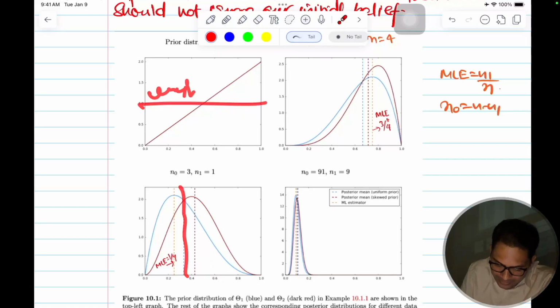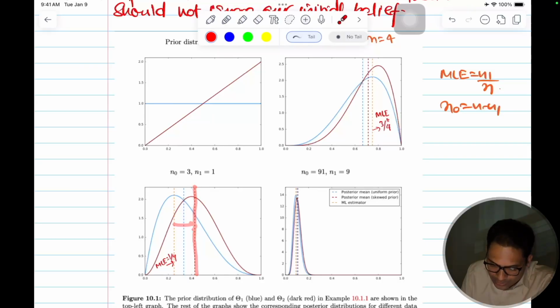And this red line's estimate, you see there is so much of a gap. It is giving me more than 0.4, while the MLE was 0.25, because it is more biased towards 1. See the influence of the initial bias. I hope you are getting it.